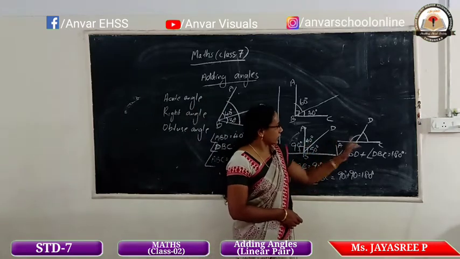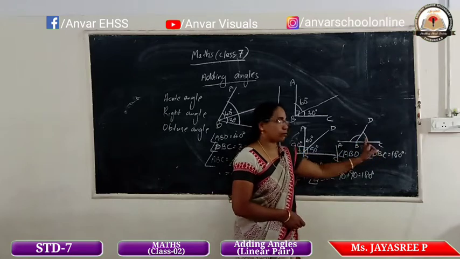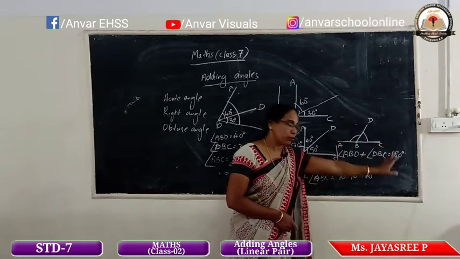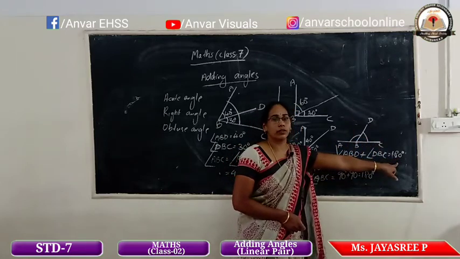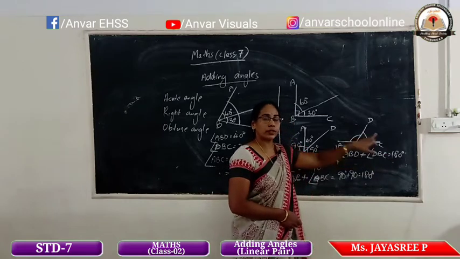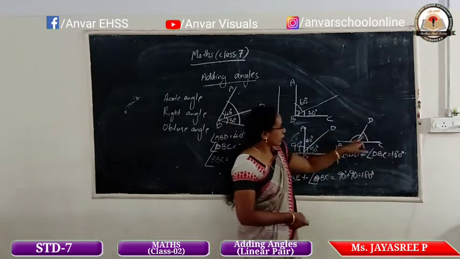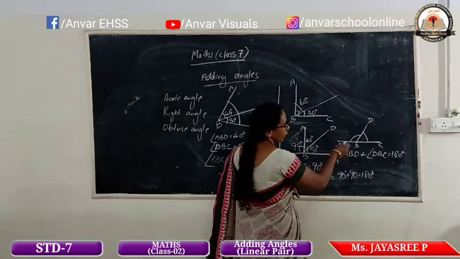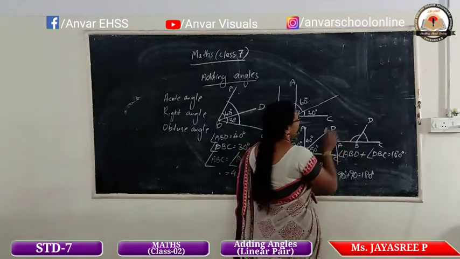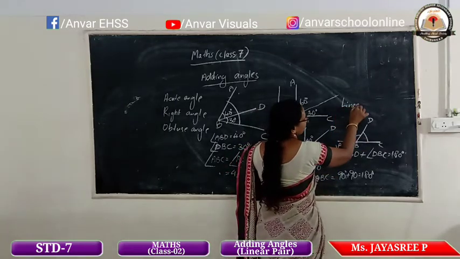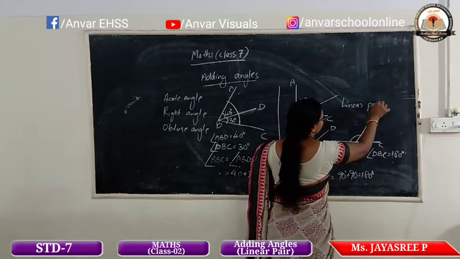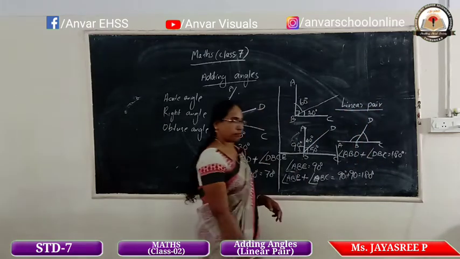So in this case, these two angles are known as supplementary angles and the sum of these two angles is equal to 180 degree. Also these two angles are known as linear pair.